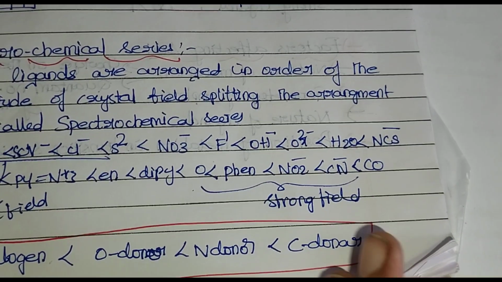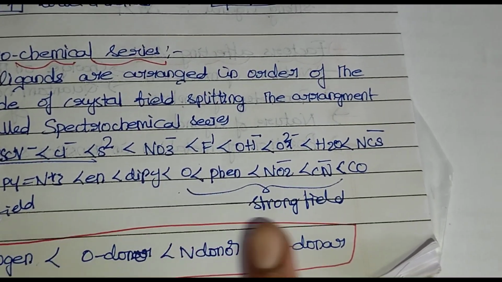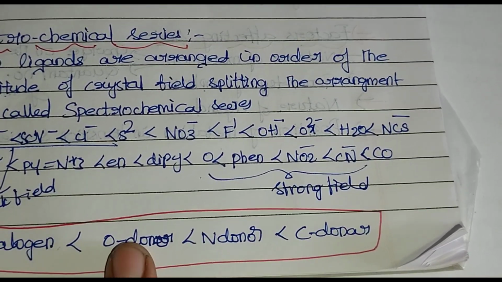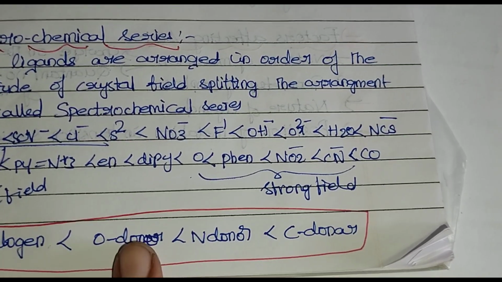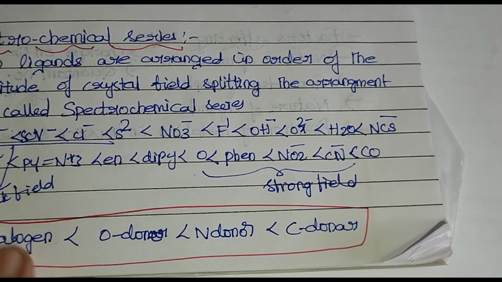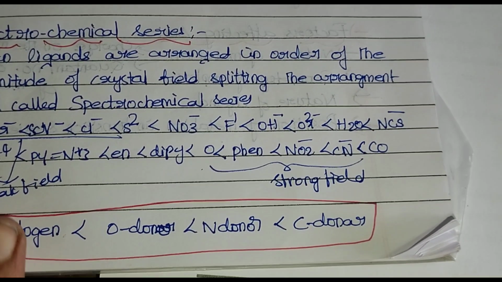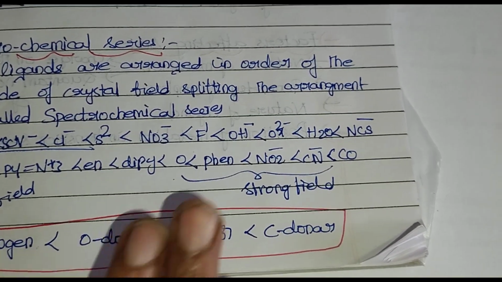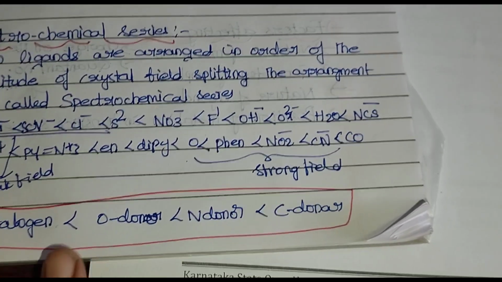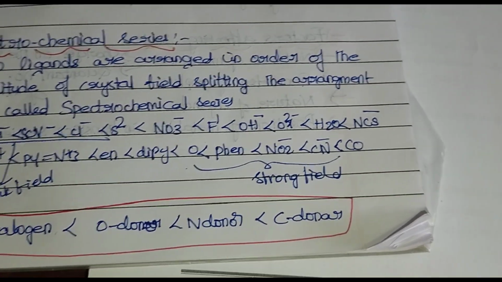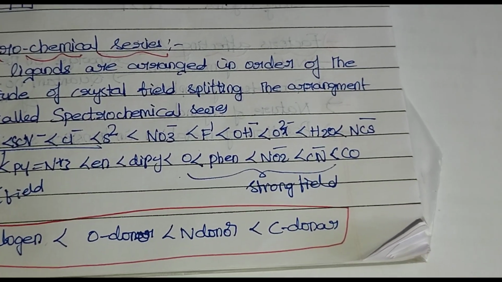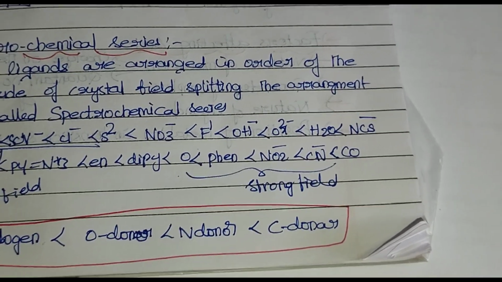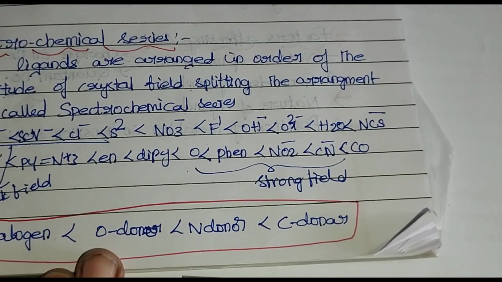N donors, nitrogen donors, are also strong field but less than C donors, and O donors come after that.